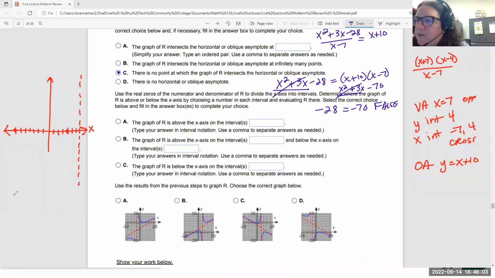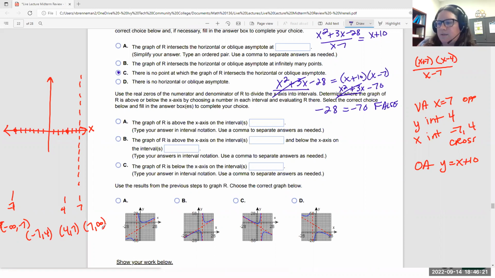So those are my divisions: negative 7, 4, and positive 7. So I have the four intervals: negative infinity to negative 7, negative 7 to 4, 4 to 7, 7 to infinity. These intervals are always going to be parentheses, no square brackets on those.